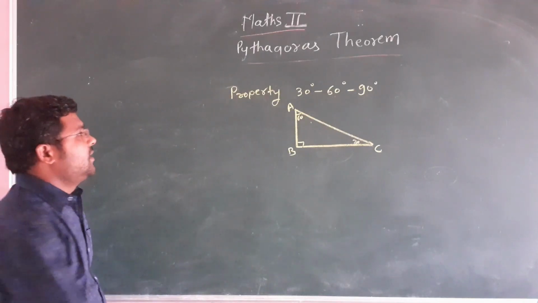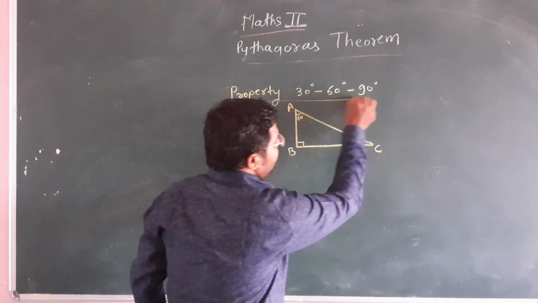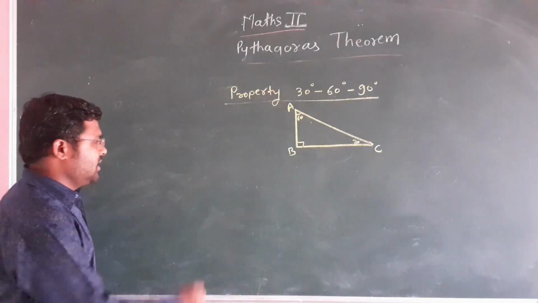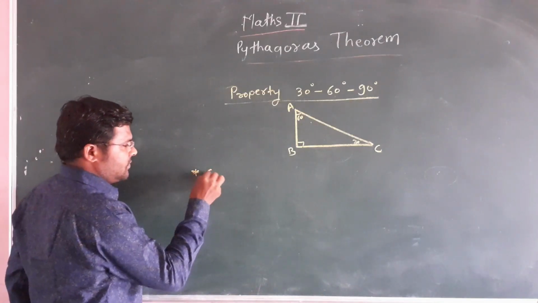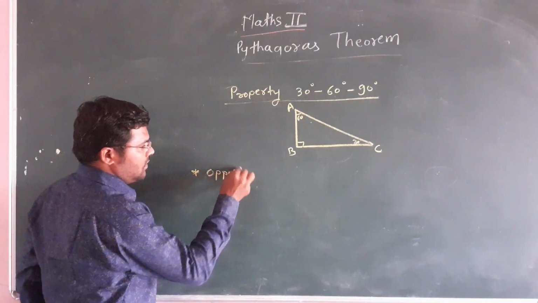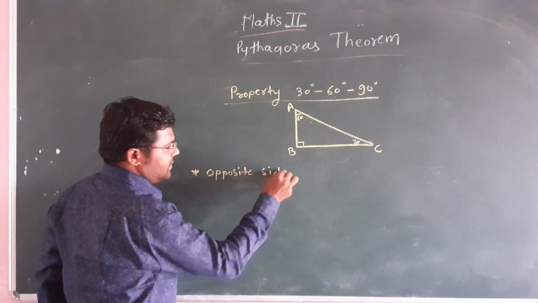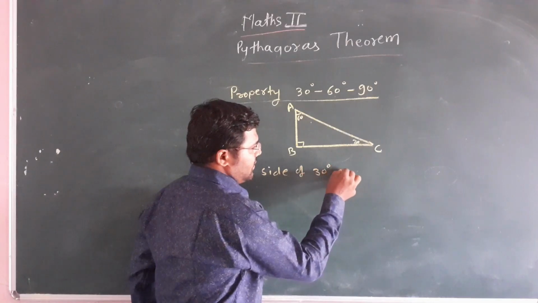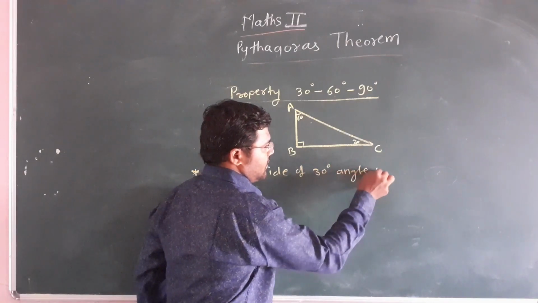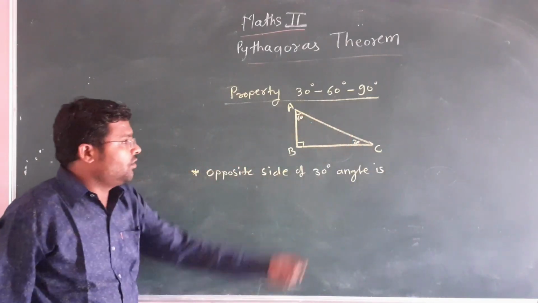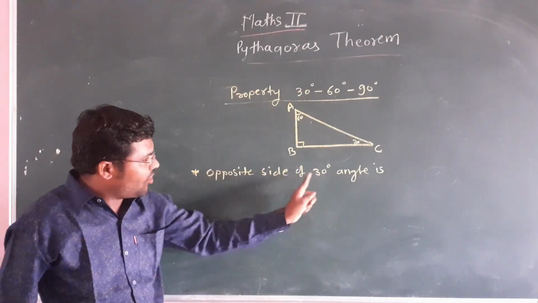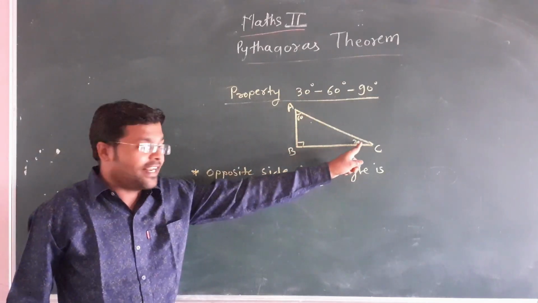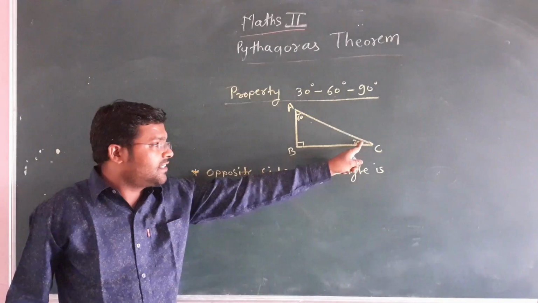Now, in the property of 30, 60, 90, there is the first property: opposite side of 30 degree angle. Look at the book. Here angle C is 30 degree.